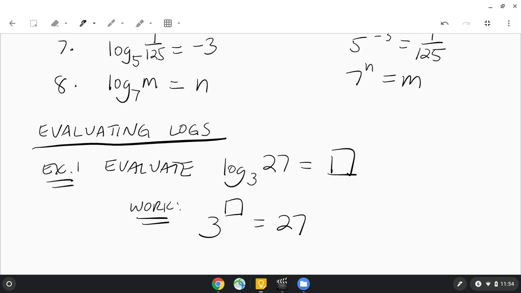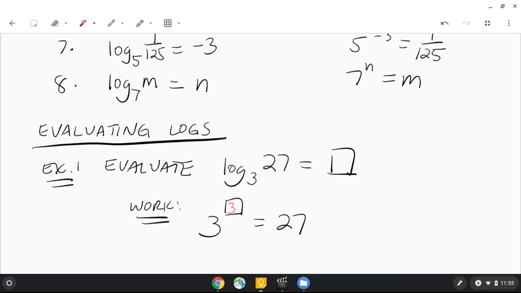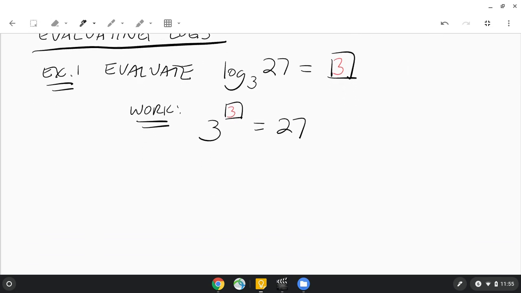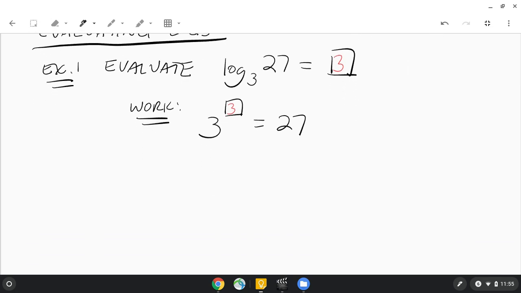Can you think of an exponent? 3 to what power will give you 27? Okay, good. So you should have said 3. So then log base 3 of 27 is equal to 3. All right, let's have a look at another one. When you're evaluating logs, you're basically looking for the exponent.